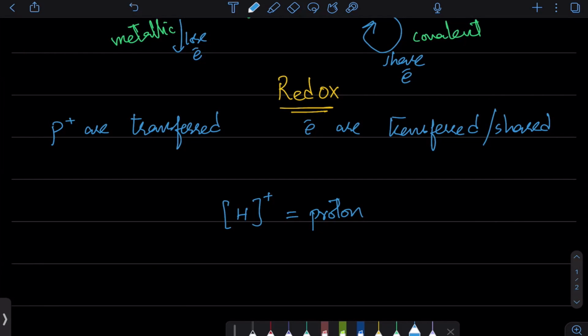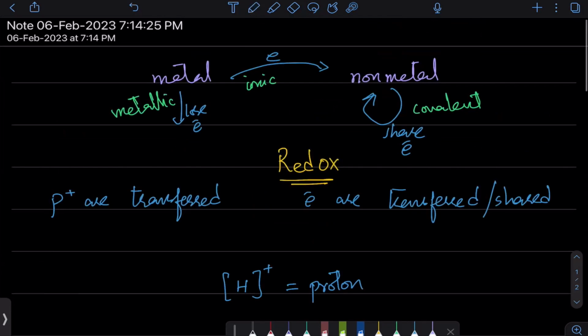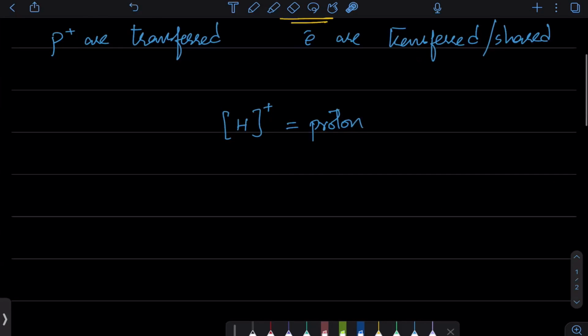And anything that gives electrons, we called it metal. ऐसे ही anything that accepts electrons, we called it non-metal. ऐसे ही अगर कोई भी चीज प्रोटॉन दे तो उसको हम बोलते हैं एसिड.